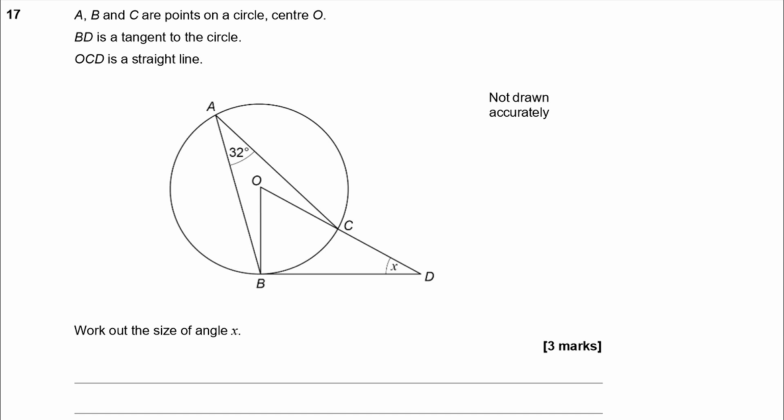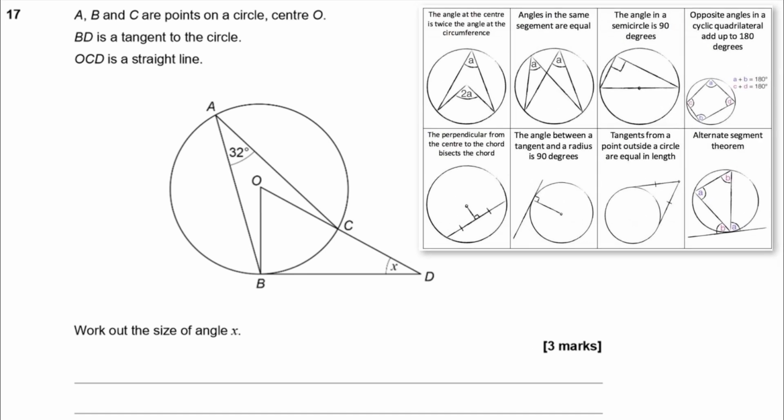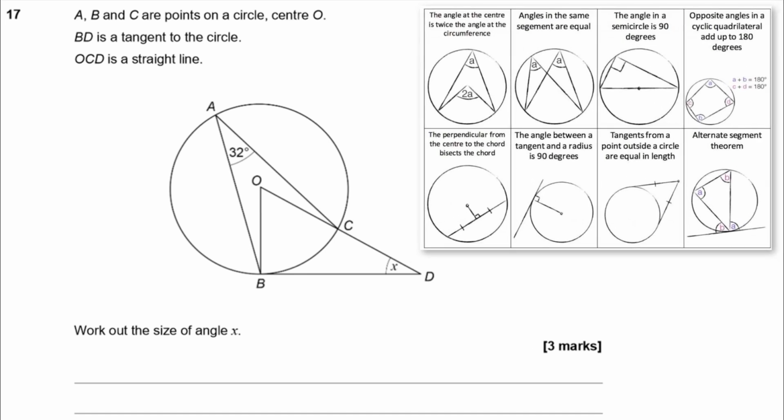Okay. Now, in order to work this out, I'm going to have to apply various circle theorems to this diagram. Now, first up, I've been told that BD is a tangent to the circle. So that means that this line here, OB, which is a radius drawn at the point of contact, needs to be at right angles to the tangent, because that is always a thing.